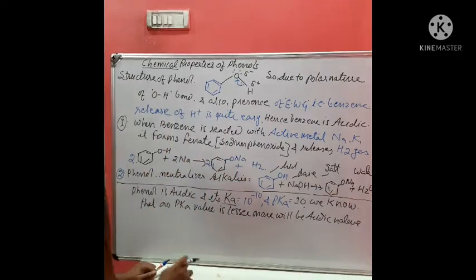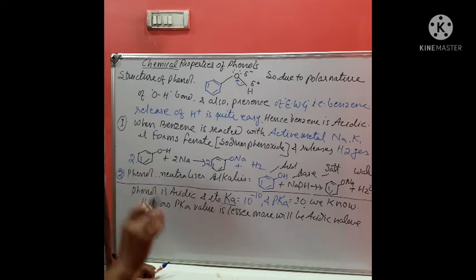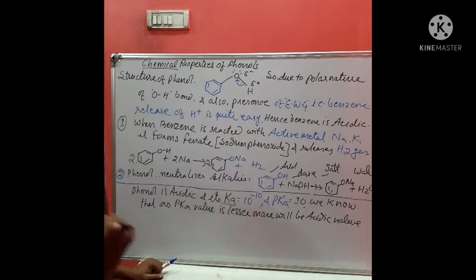So the pKa values of alcohols are high and therefore alcohols are less acidic, while the pKa value of phenol is 10, that is less than alcohol, therefore it is even more acidic as compared to water, okay, and also as compared to the alcohol, isn't it?